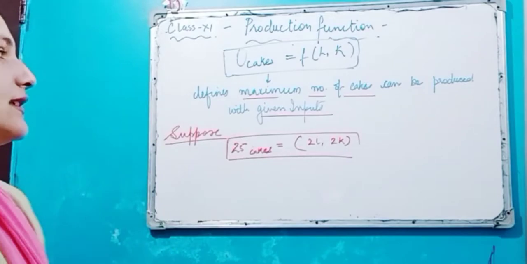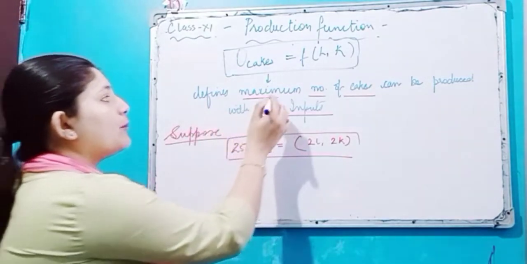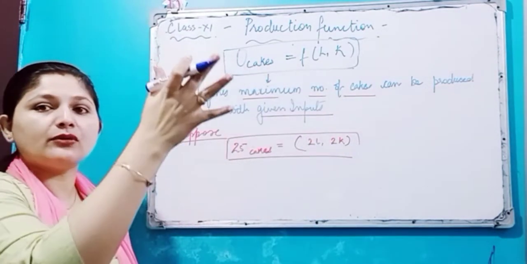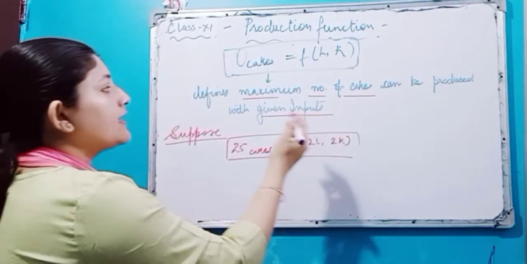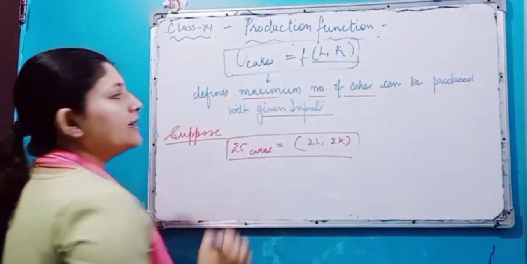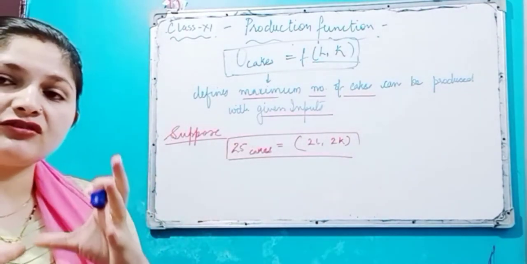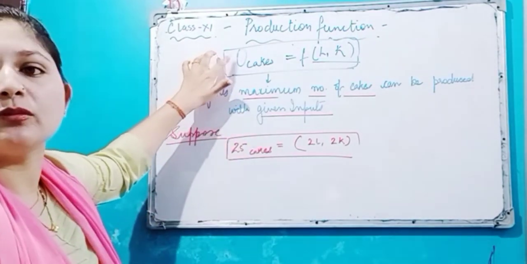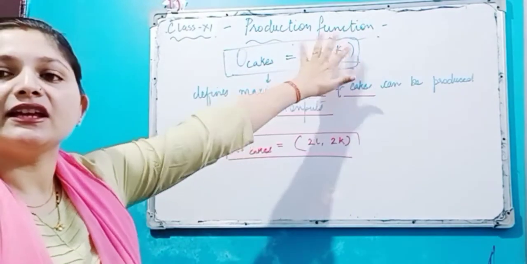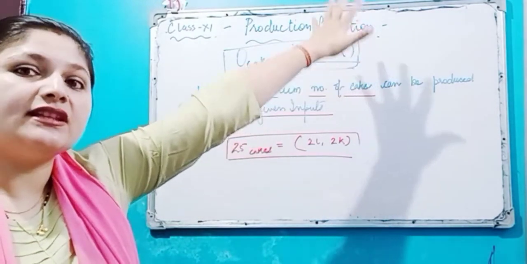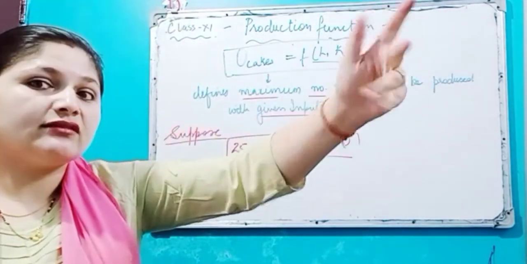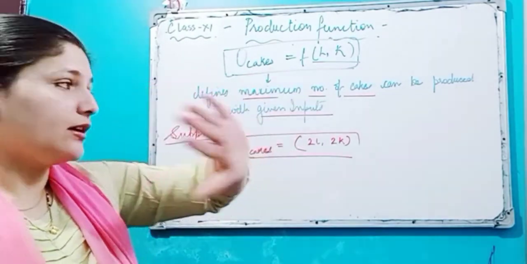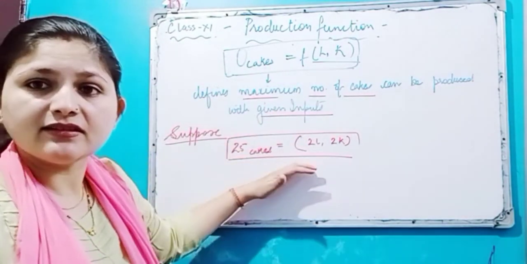This equation basically tells you how many maximum number of cakes can be produced with the given input. So the production function equation basically tells us how much output can be made if this is the given input. Vice versa, second case I'll tell you after discussing this example.